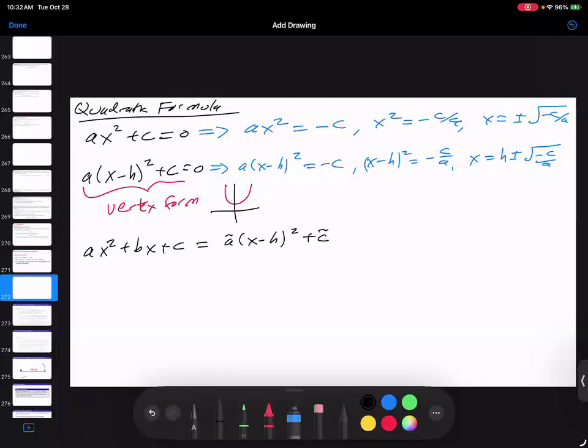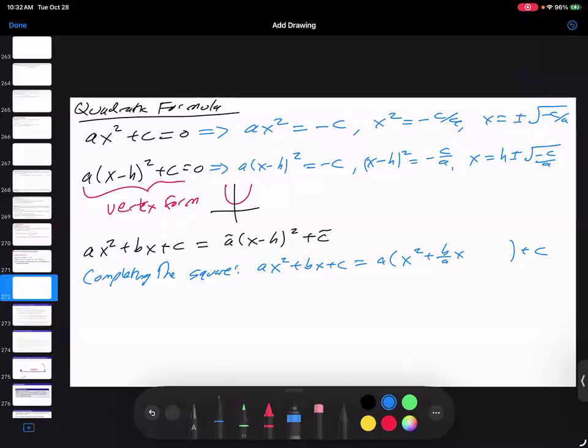Because if I can get something of this form, I know how to solve it. So the typical method is called completing the square. We can write ax squared plus bx plus c as a times (x squared plus b over a x) plus c.